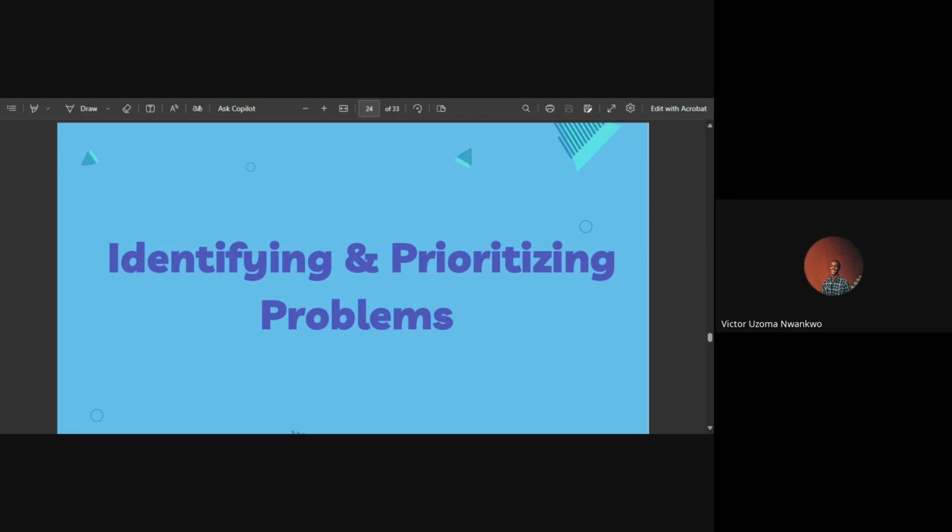You mentioned identifying problems. Normally, if you want to build a product, you would have to conduct research to check if what you want to build is a problem worth solving.